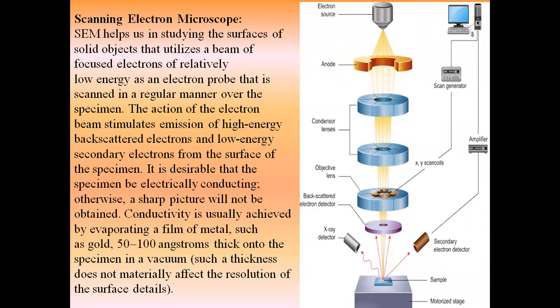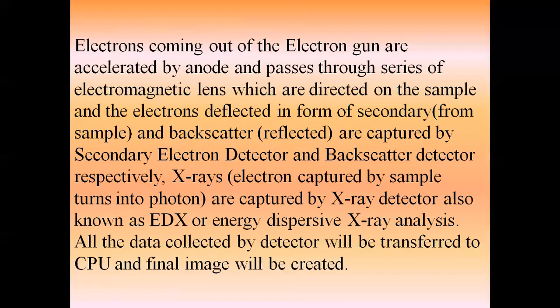Then you have your secondary electron detector and X-ray detector, and the information from the detectors will be passed on to the CPU. The CPU will ultimately make a final image of the sample on the screen.